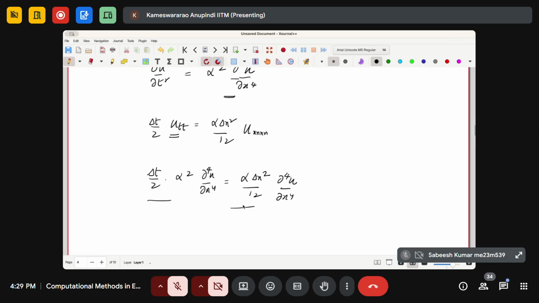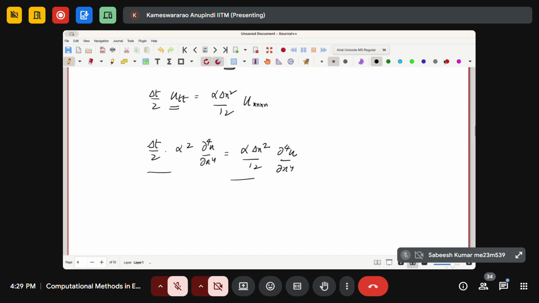Now I just need to equate these two. One alpha gets cancelled, and what I end up with is Δt α/2 equals Δx²/12. That means Δt equals Δx²/(6α).